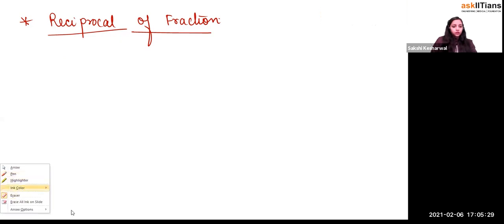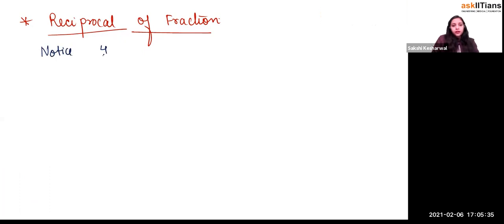We have noticed till now that if I multiply 4 into 5 into 5 into 4, right? So if I do this cancellation, 4 into 5 upon 5 into 4, this and this cancel out, this and this cancel out, so your answer is 1, right?